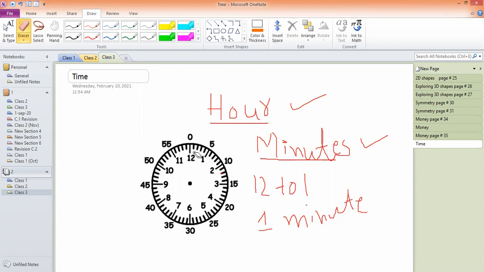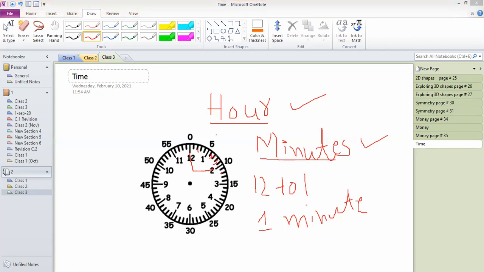So you will say, sir, 1, 2, 3, 4, 5. There are 5 minutes from 12 to 1. If I ask you, these are 5, but what about 12 to 2? Check from 12 to 2, how many minutes are there? So you will say, sir, 1, 2, 3, 4, 5, 6, 7, 8, 9 and 10. There are 10 minutes.